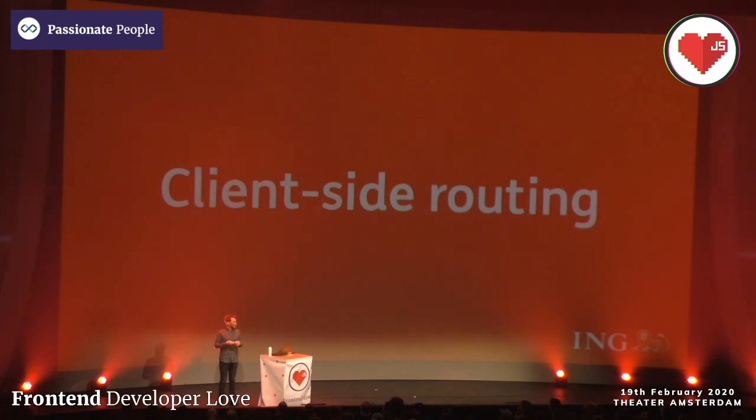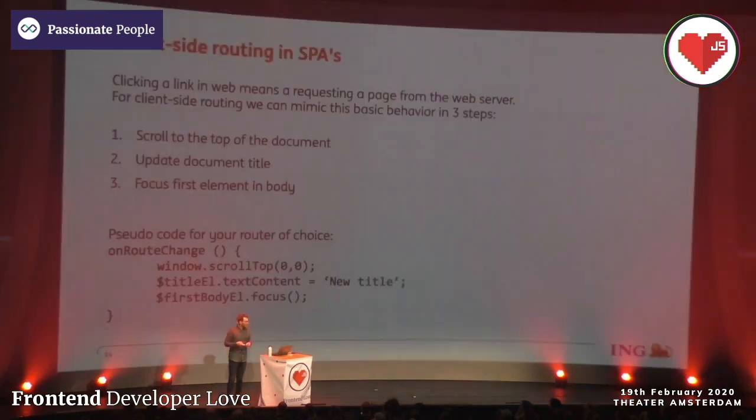But the basic workings of the web, like getting a page from the server and presenting it back, is actually what we should mimic for the user. Otherwise, it's again unexpected. So clicking a link in the web means requesting a page from the web server. And when we do client-side routing, we should mimic this behavior.